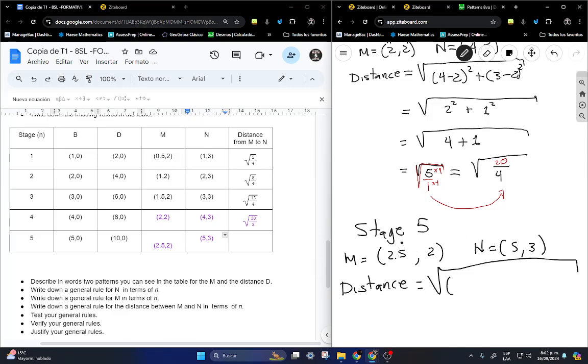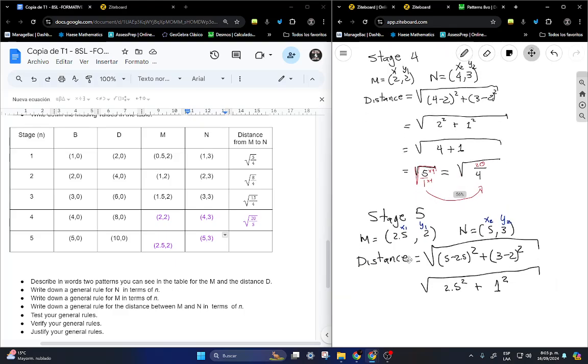So again, let's label them. Let me do it with another color. x1, y1, x2, y2. Again, x2 minus x1, so it's 5 minus 2.5 squared plus y2, 3, minus y1, 2 squared. 5 minus 2.5 is 2.5. And 3 minus 2 is 1.